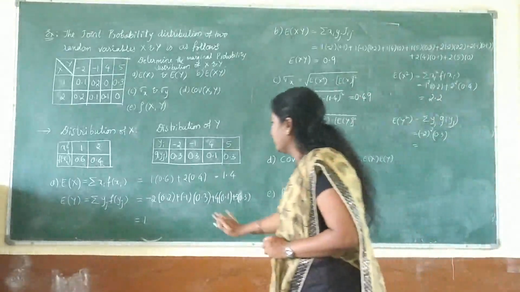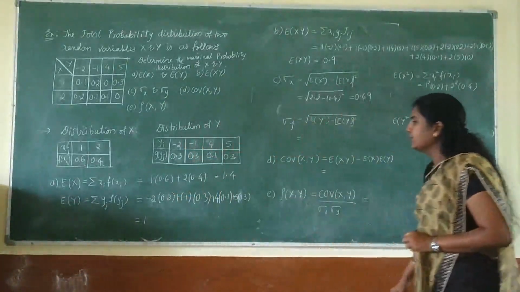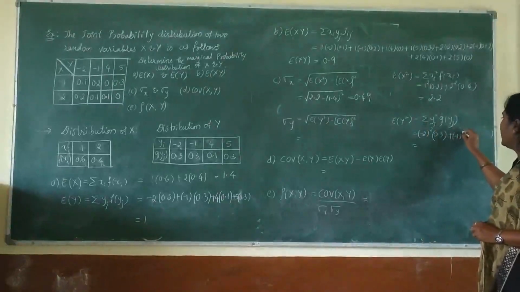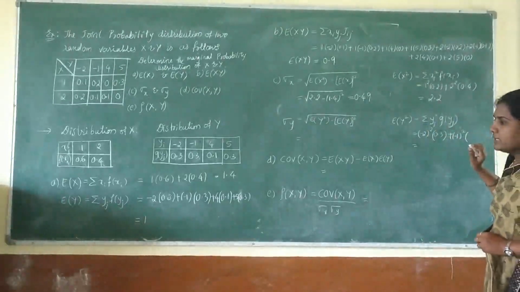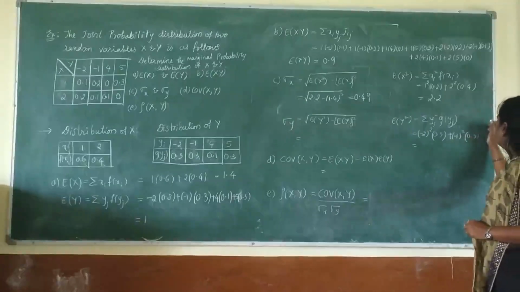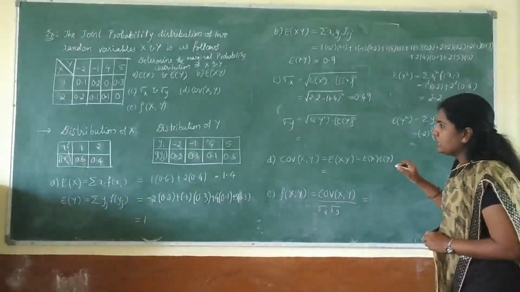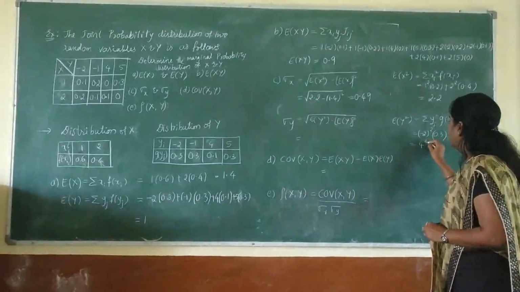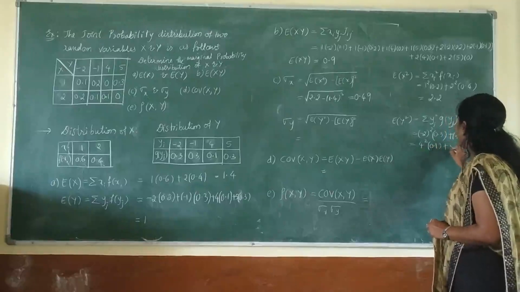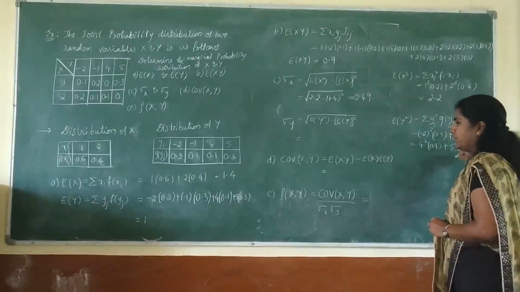Next, -1 square into 0.3, plus 4 square into 0.1, plus 5 square into 0.3.